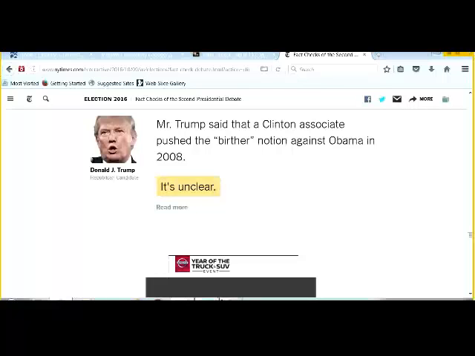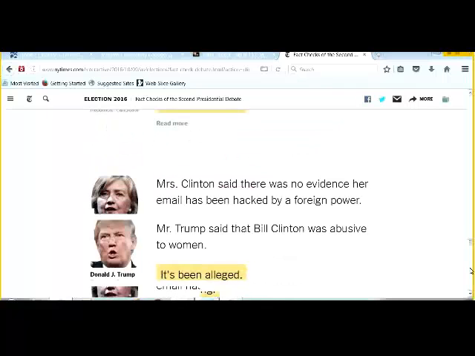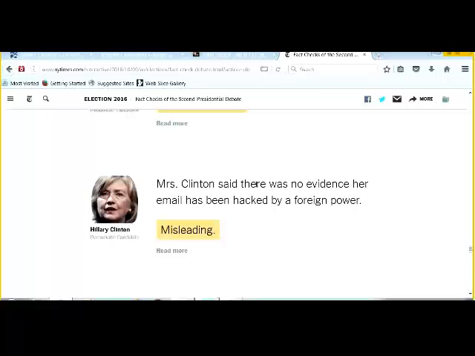Pardon me? Who is? Oh, easier on her? Yeah, the things she got wrong were... well, this is the one they said was misleading, saying there was no evidence her email had been hacked by a foreign power. The evidence is that nobody's leaked it yet. So you would think if they had it, they would leak it.